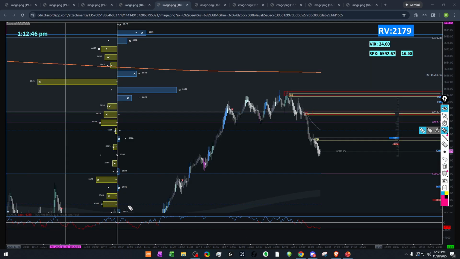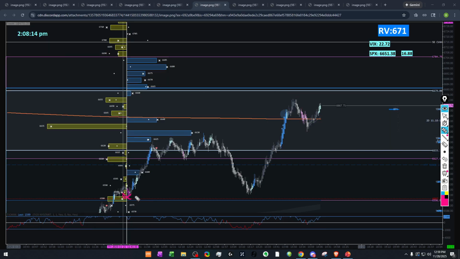Another example, price opened somewhere down here, moving up through these negative gamma strikes. Where did we find resistance? Right at the largest positive strike in the area. And we struggled to break through it, and then we sold off. Another one, price opened down here. We moved towards the highest positive node.